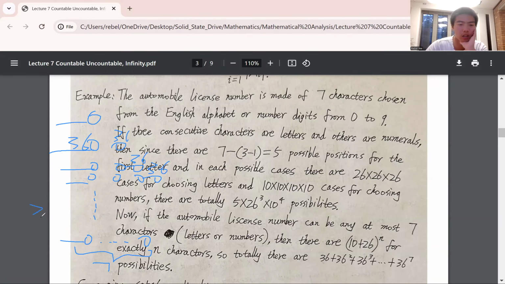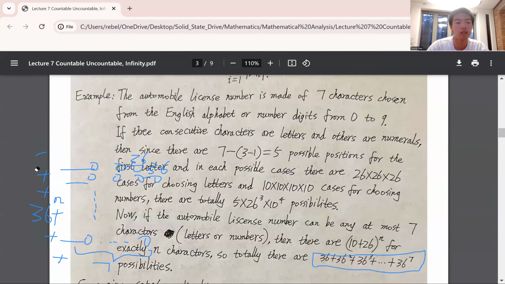So it's just 36 to the power of n for n characters. And then we use the addition rule to add them all together because they are disjoint sets, since their total length is different. So this will give us this many possibilities for forming the automobile license number.